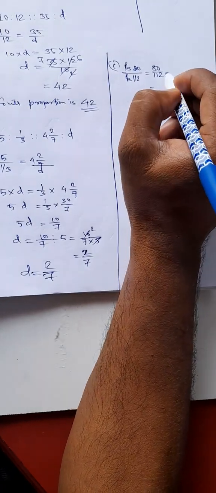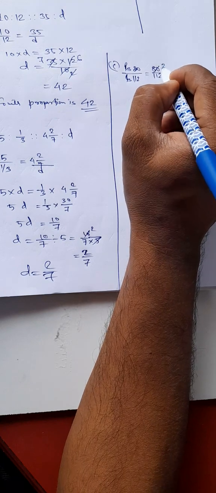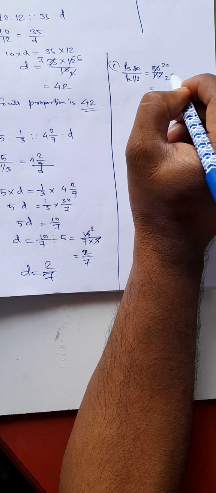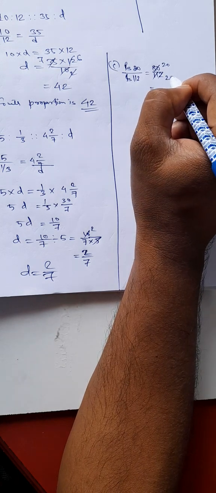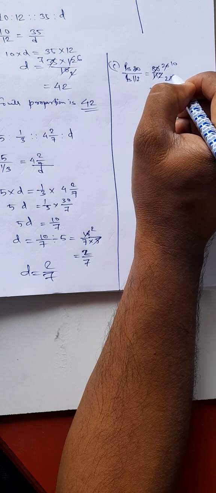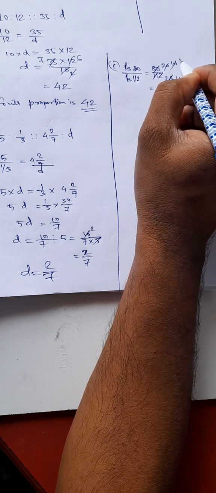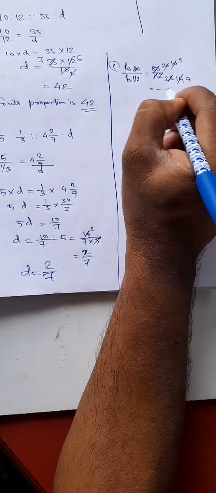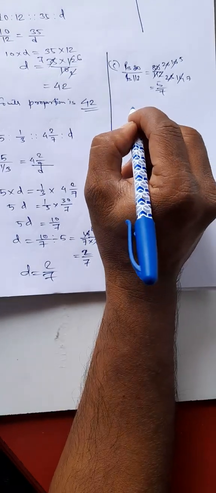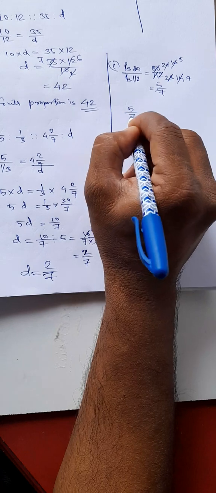So let's divide it by 4 here. 4 20s are 80, 4 28s are 112, 2 10s are 20, 2 14s are 28, 2 5s are 10, 2 7s are 14. This is 5 by 7.